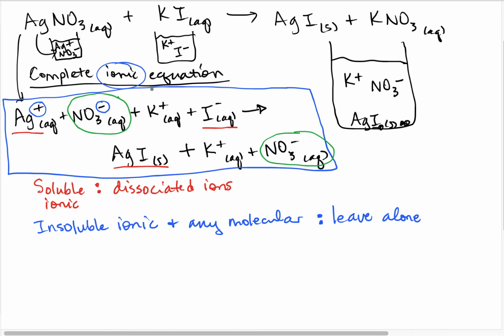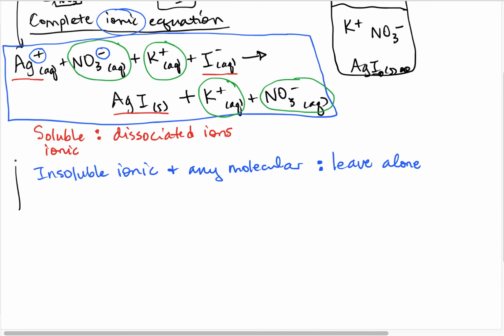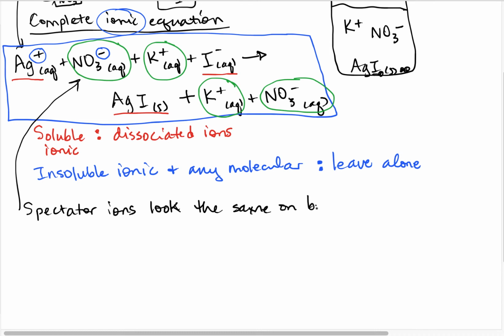It's not different. The same is true for the potassium and the potassium. These are just the same on both sides. So if you see some ions that are the same on both sides, we call these spectator ions. They just were hanging out. They look the same on both sides of the arrow.